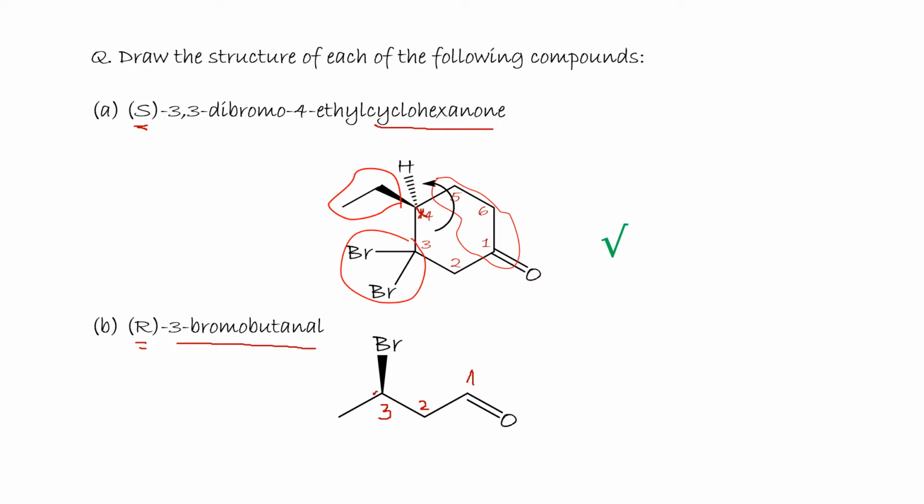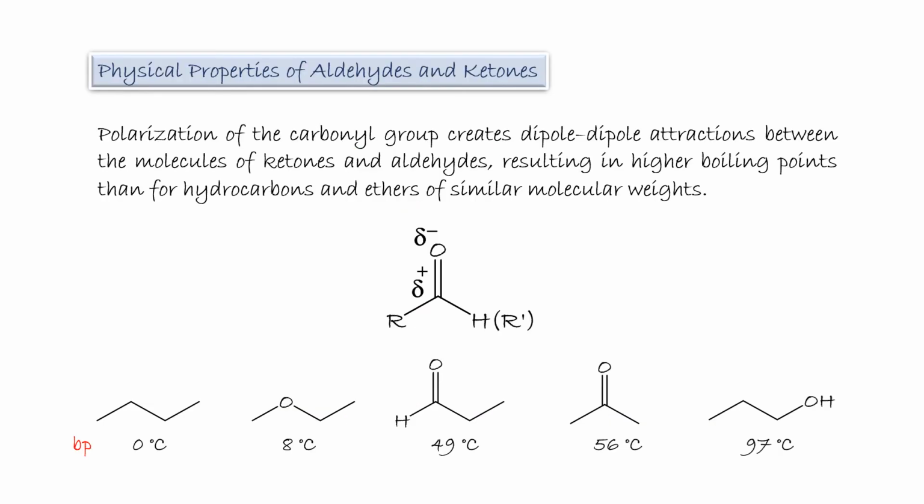That now means that the hydrogen will be in the back. This is priority number 1. This is number 2. This is number 3. That is clockwise.